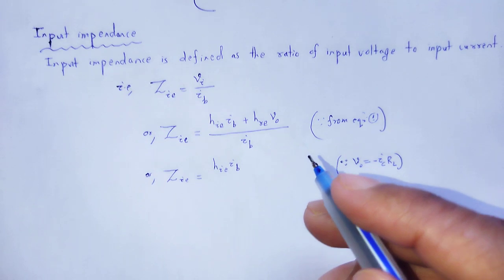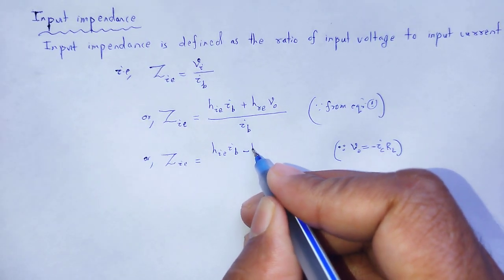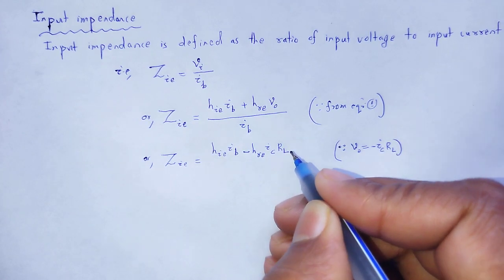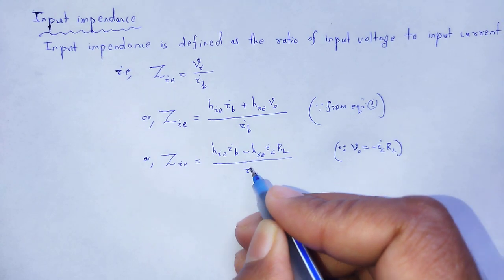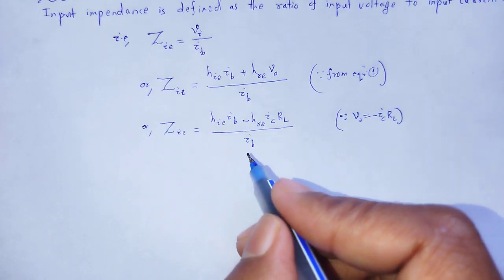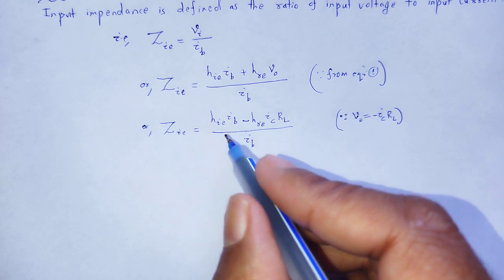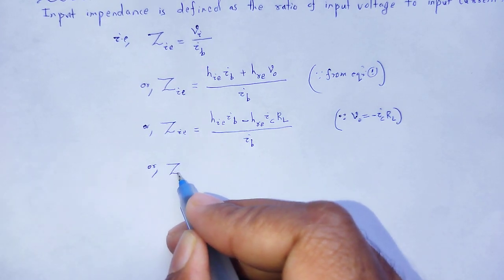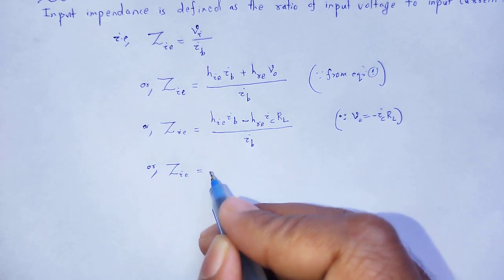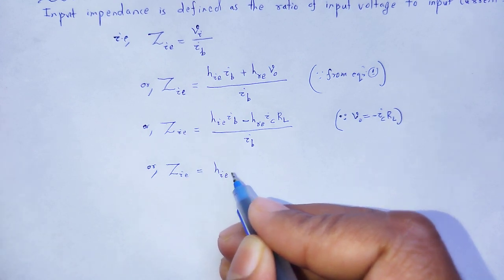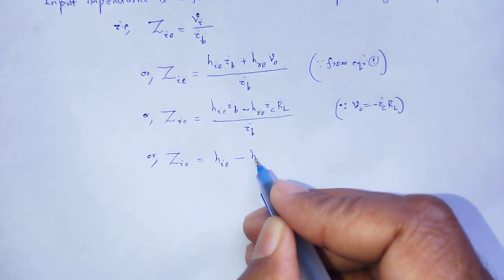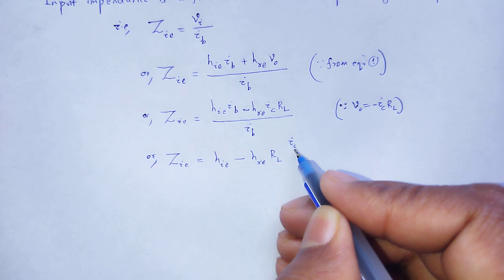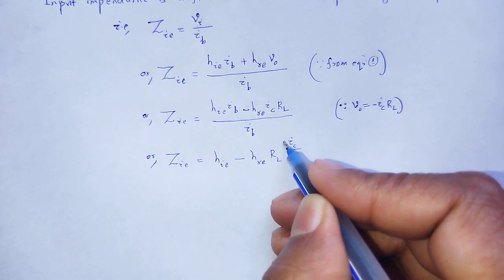The value of VO is put: minus HRE IC RL divided by IB. Now IB is divided on these two terms, so ZIE is equal to HIE minus HRE RL IC divided by IB.